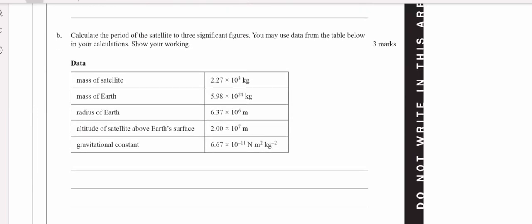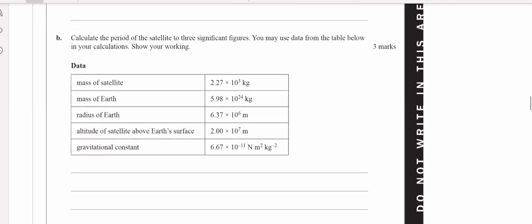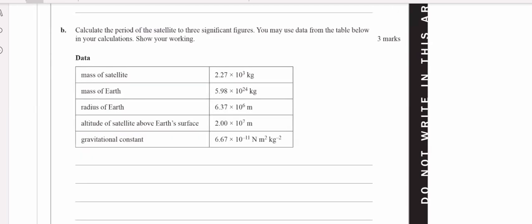Calculate the period of the satellite to 3 significant figures. Okay.